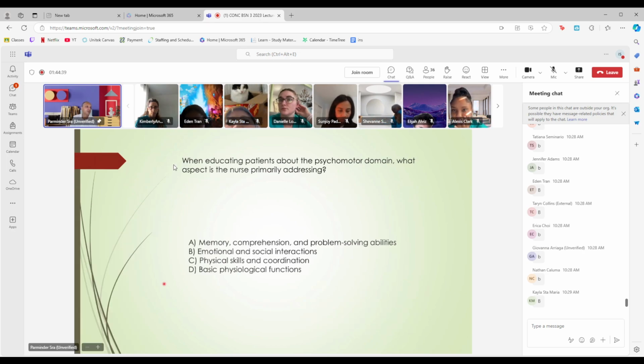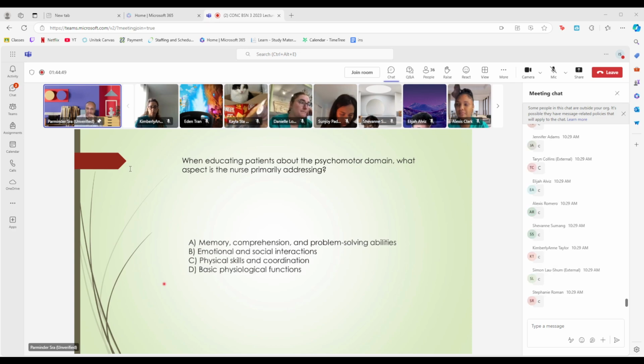Okay, that's psychomotor. All right, you guys got it right. So this was the third one, which I did not cover in the previous one, which involves physical skills and coordination. C is the correct choice.